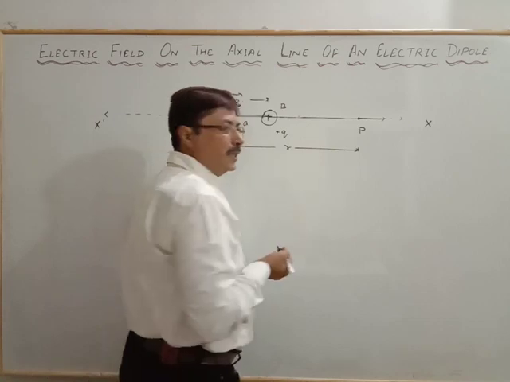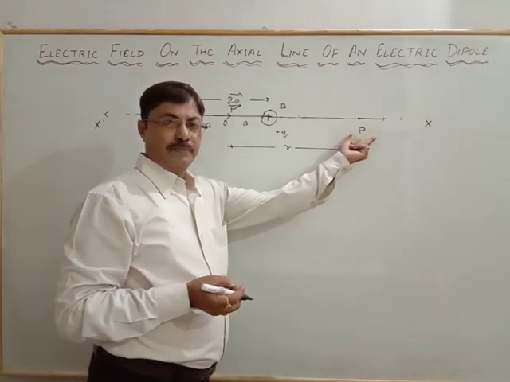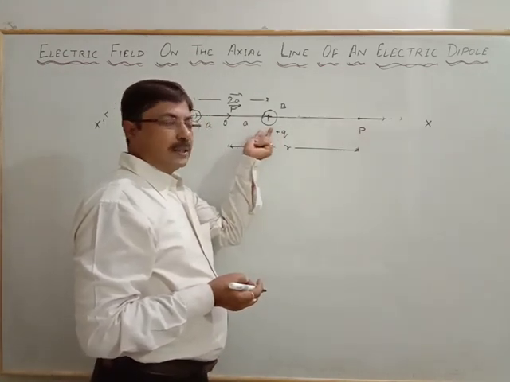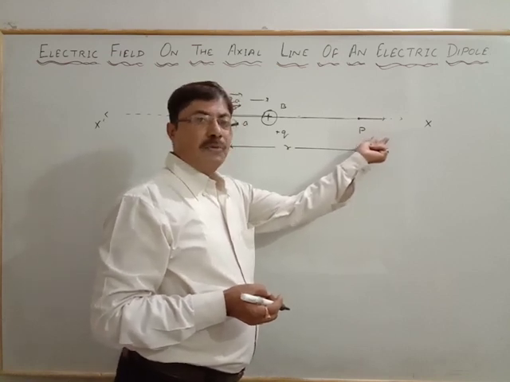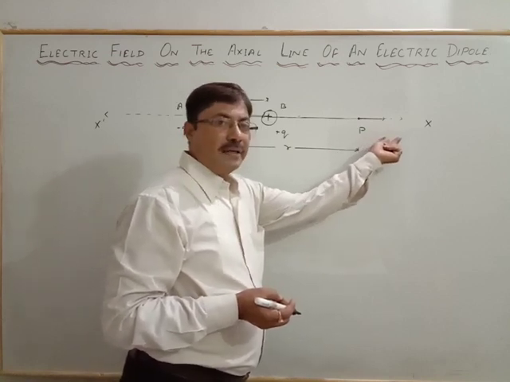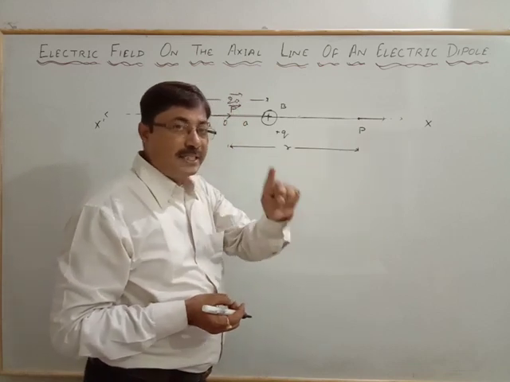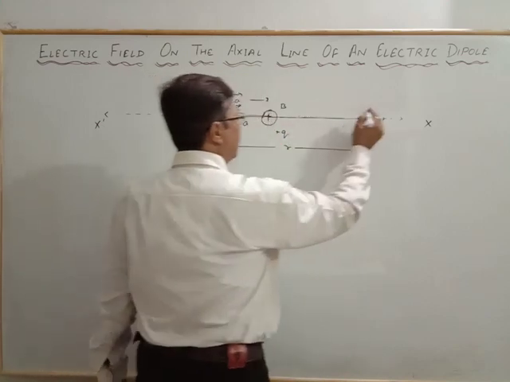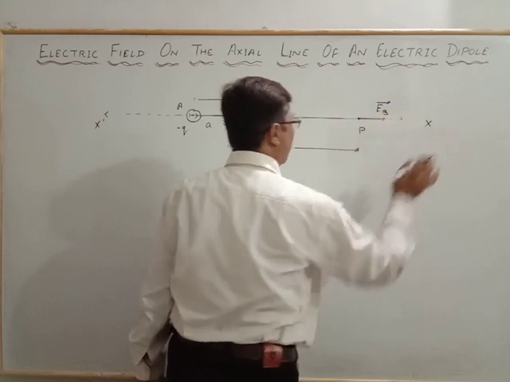For our understanding, let's consider a unit charge here, and here is the positive charge. What happens? The motion will be outward, away. The motion of the unit charge represents the electric field direction. So for the charge B, the electric field direction is EB, and it is outward.